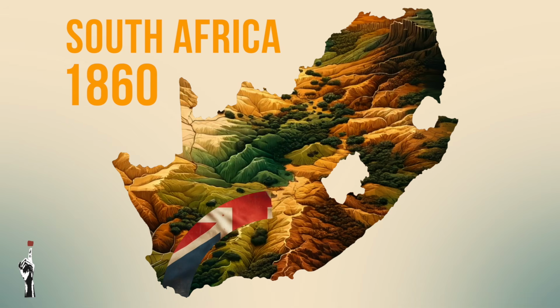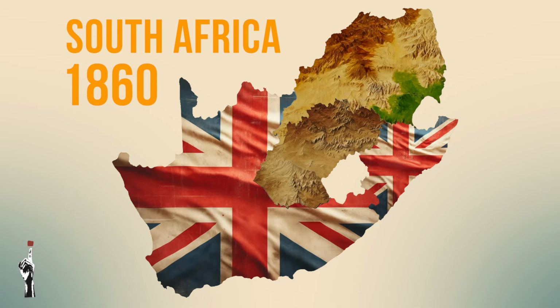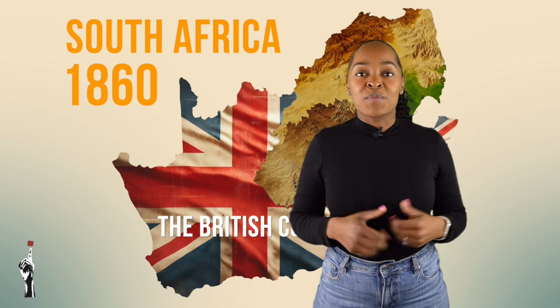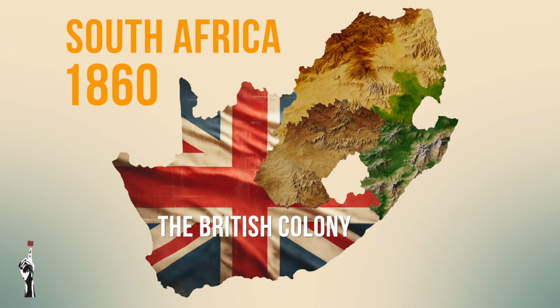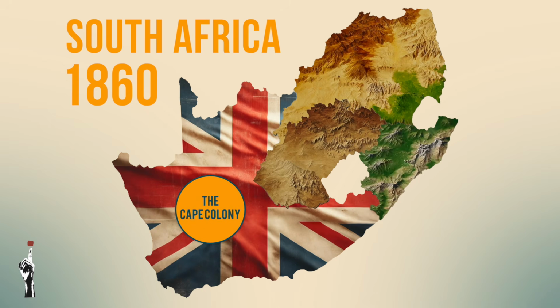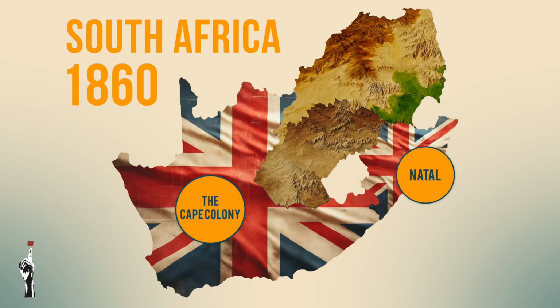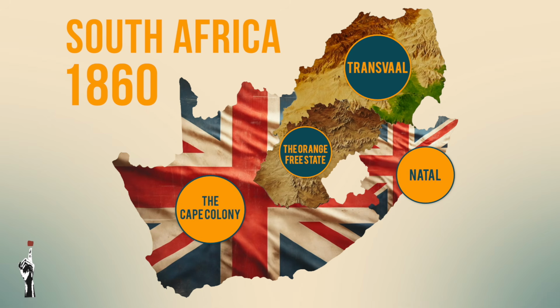I want to start with the largest colony at that time, which is the British colony. So let me go through this map with you. Let's start with the British colonies, which consist of the Cape Colony and Natal. The Boer republics, which is known as the South African Republic or Transvaal, and the Orange Free State.